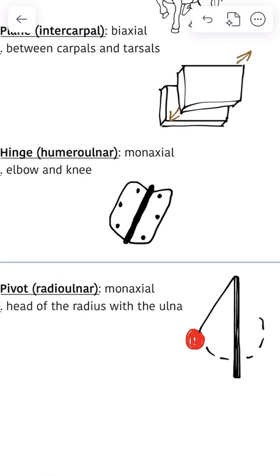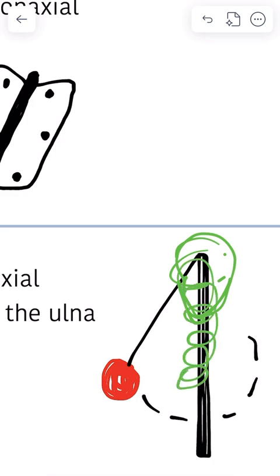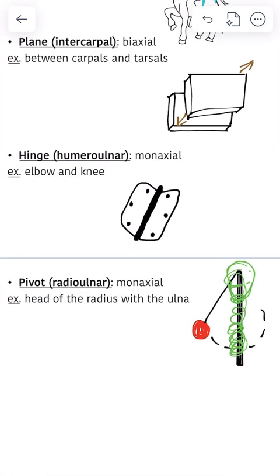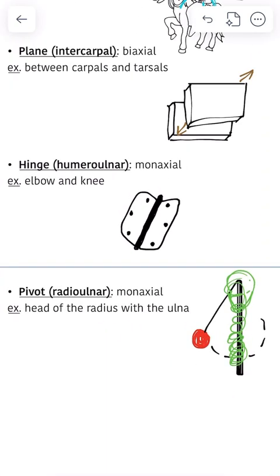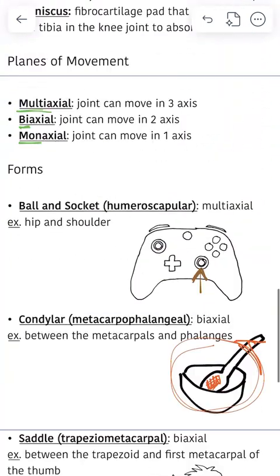The best example I could think of is a ball on a tether rope, and it swivels around this pole over and over again, back and forth, going counterclockwise and clockwise. That would be my best example of a radioulnar synovial joint.